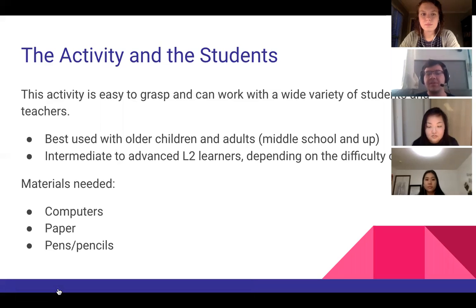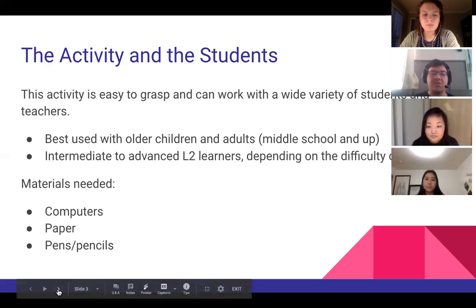Some of the materials needed would be computers for students to look up information, and some paper and pens or pencils so they can write down notes, anything interesting they came across in the reading they found, so they can compare with other students.